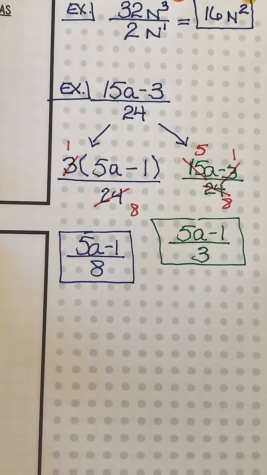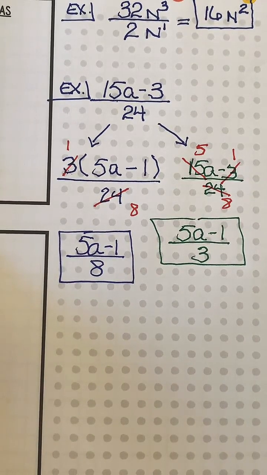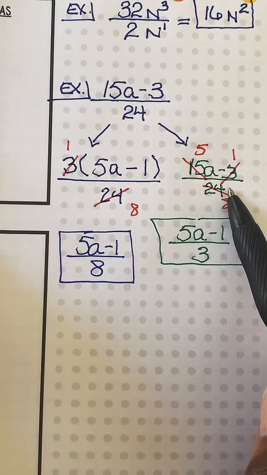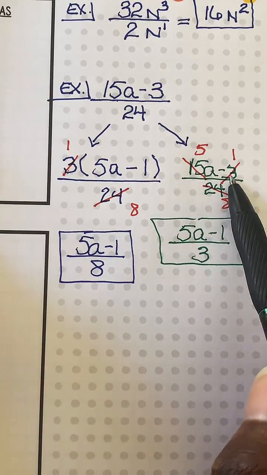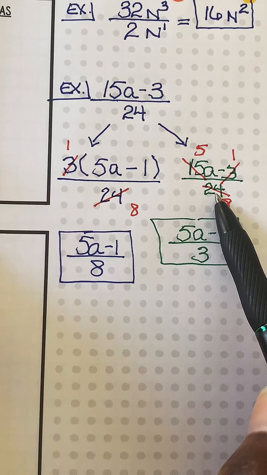So you notice you get the same answer, particularly the way that you feel comfortable with. If you feel comfortable with factoring first and then reducing, you can do that. If you notice, the only way you can do this way in green is if all 3 positions, all 3 spots have the same number in common.